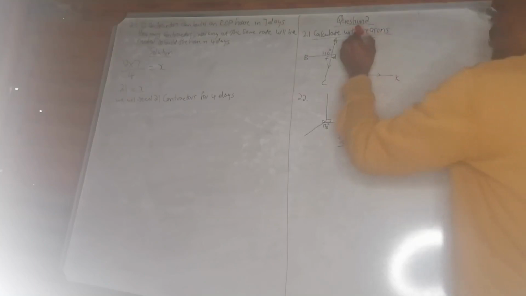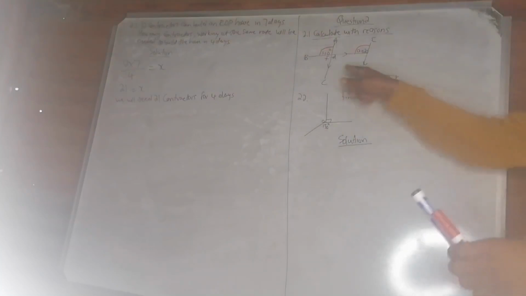How will you find the angles A, B, C, D in this diagram? We look at the inside angle, because these two lines are parallel, these angles are corresponding.